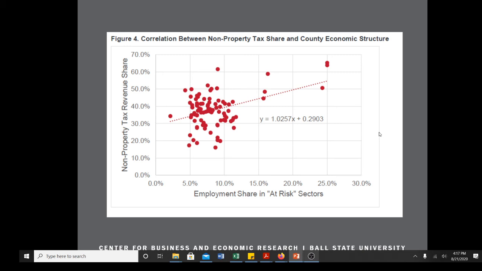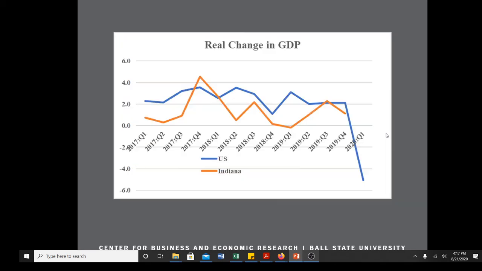Here's 2 cross-sectional data, employment at at-risk sectors of the economy during COVID and non-property tax revenue share, just to help illustrate some dual risks to communities, their tax structure. Here are 2 time series data that are compared. These are real change in gross domestic product for both U.S. and Indiana.